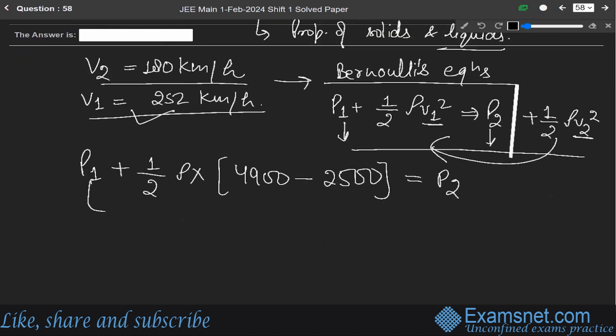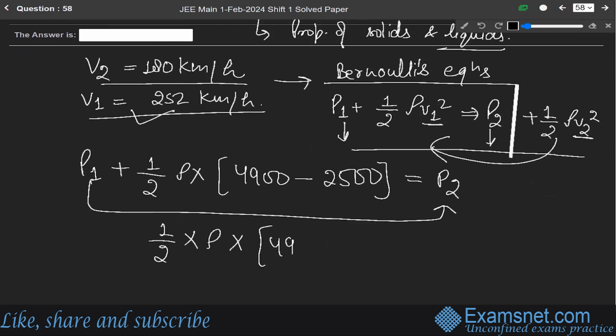Now taking P1 from LHS to RHS, we write 1 by 2 into rho into 4900 minus 2500 equals to P2 minus P1.